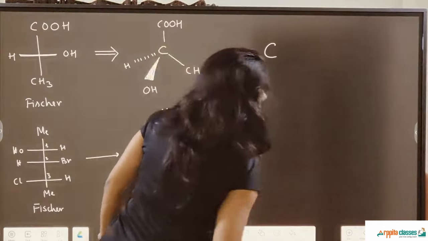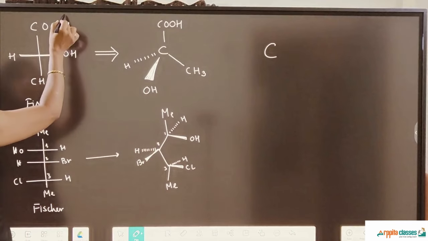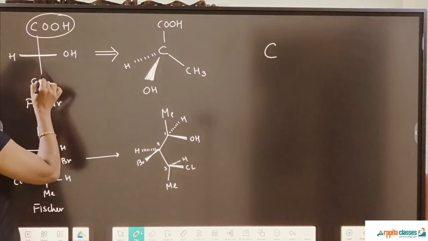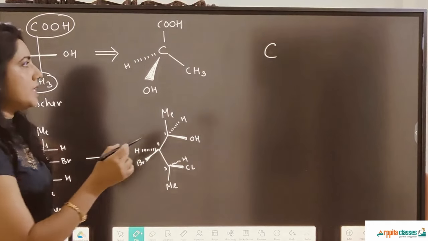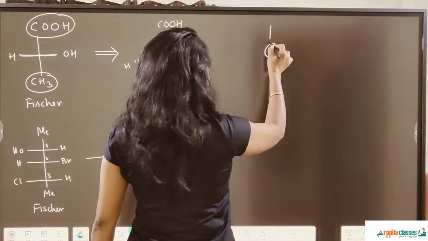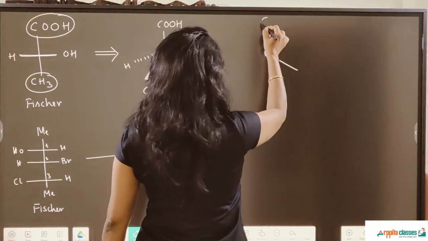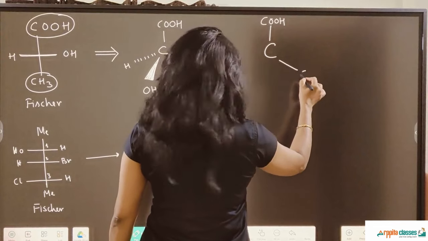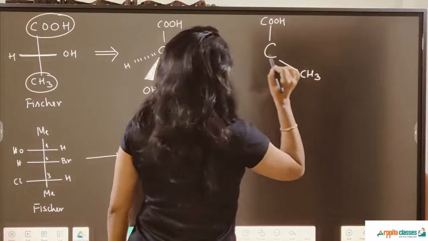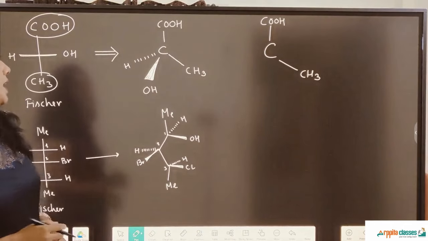Here, the groups on the vertical line will be on the plane, so they are just represented by normal lines: COOH and CH3.